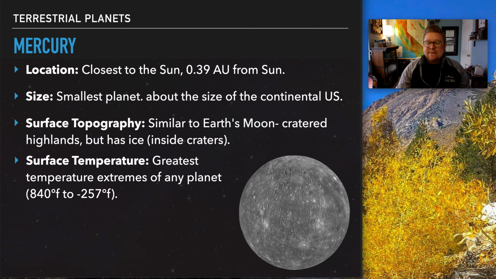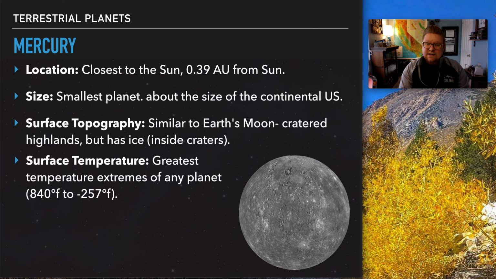Our first one we'll talk about is Mercury. Mercury is the closest to the sun, 0.39 astronomical units from the sun itself. It is actually the smallest. It's about the same size as the continental US, which excludes Hawaii and Alaska. The surface topography is very similar to Earth and the moon, in that it has craters, highlands and lowlands.